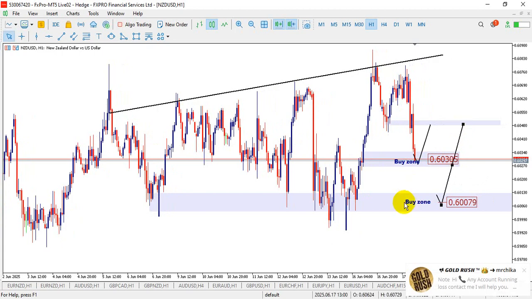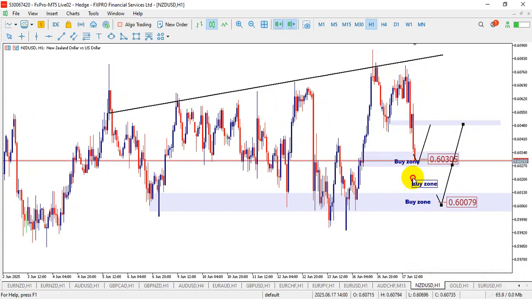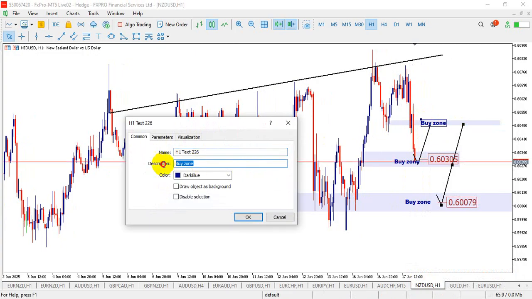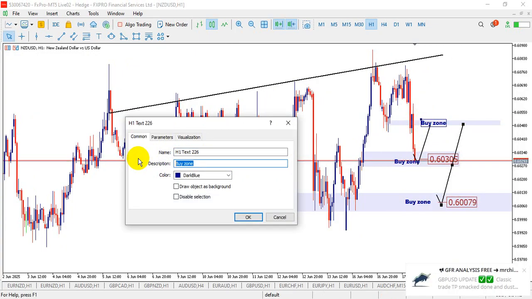So for those who will be buying, you buy at this zone, probably exit at this zone. Why did I say you should exit there? We have another block here, which if price gets there, it will now become a breaker block that will hold price.